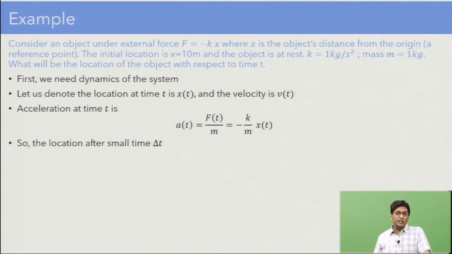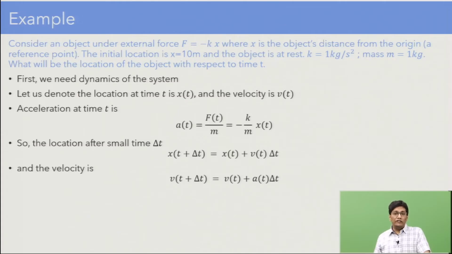So, acceleration a(t) multiplied by delta t, the time interval, gives the change in the velocity. If the initial velocity at time t is v(t), then the change is a(t) delta t. So, overall the velocity at time t plus delta t would be equal to v(t) plus a(t) into delta t.